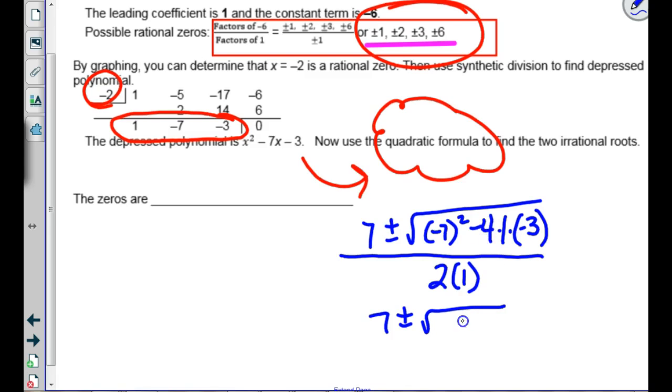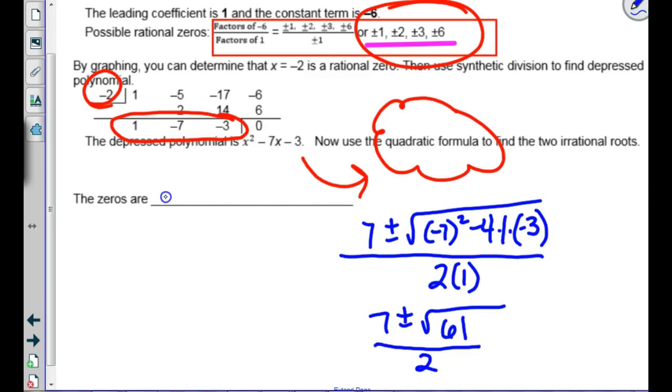Someone check me. I just wanted you to type this in here, guys. Yes? 61, because this is 49. This is minus, and a negative back here would make it plus 12.